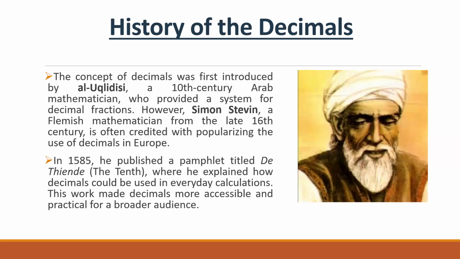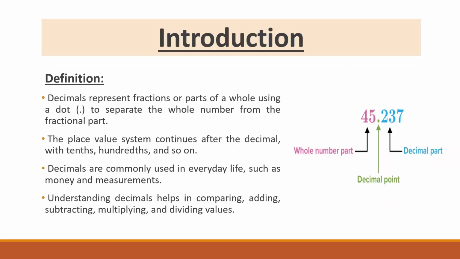First was about the history of decimals. It was first introduced by Al-Uqlidisi, and then he published a book titled The Tenth, where he explained how decimals could be used in everyday calculations.